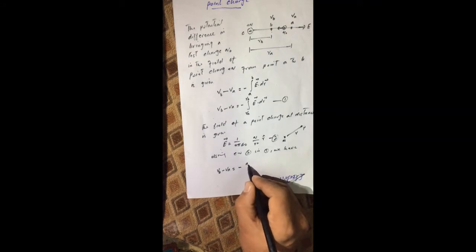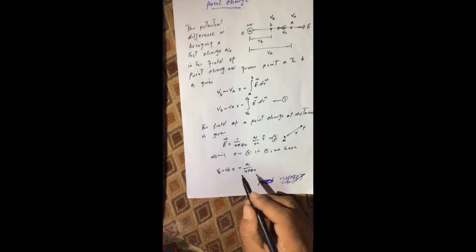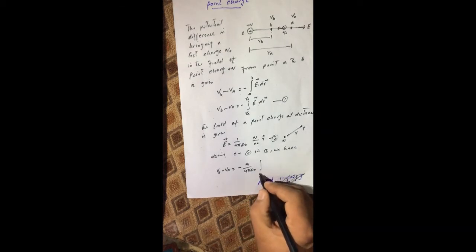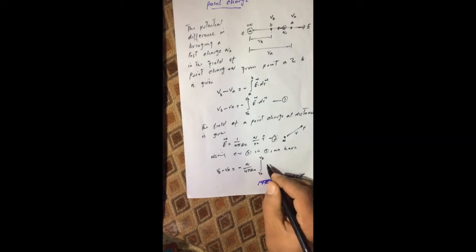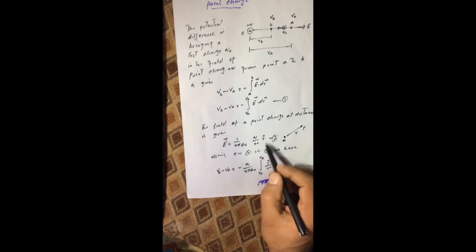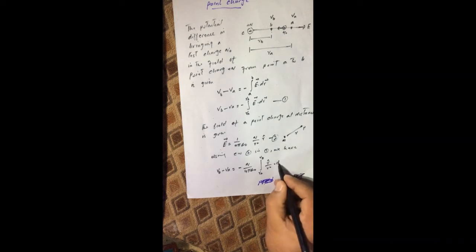So here we have minus Q over 4 pi epsilon naught, and we are left with the integral from RA to RB of R cap over R square, dot dr unit vector.